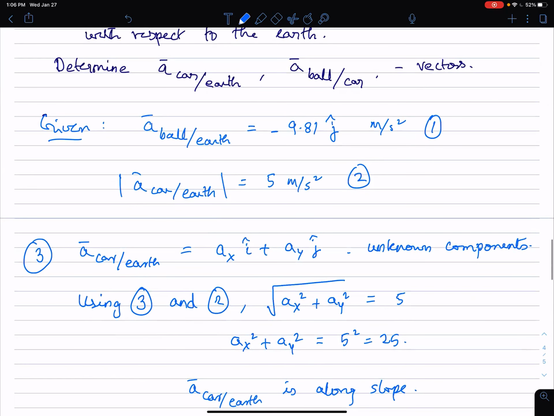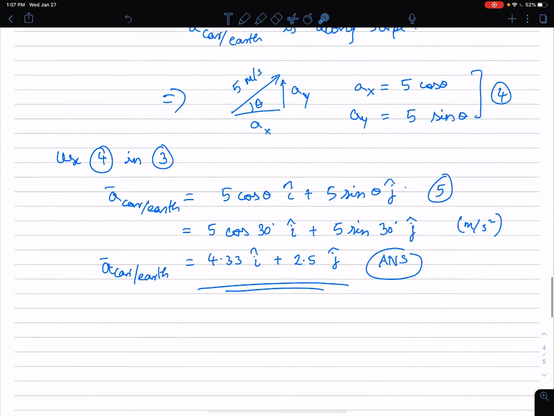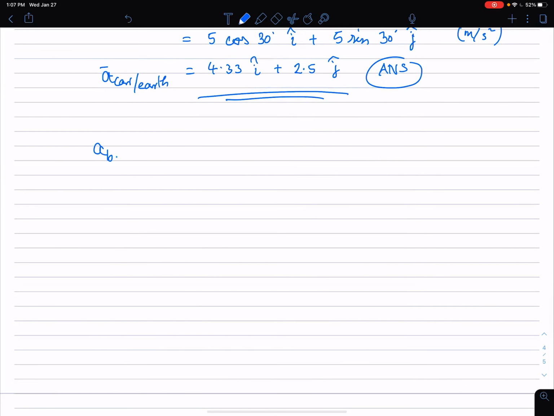Now we have pretty much everything that we need to solve this problem. We've already solved this problem, first of all, a of car with respect to Earth. So that's the answer for that part. And then we have a of ball relative to car, which is basically a of ball relative to Earth minus a of car relative to Earth.